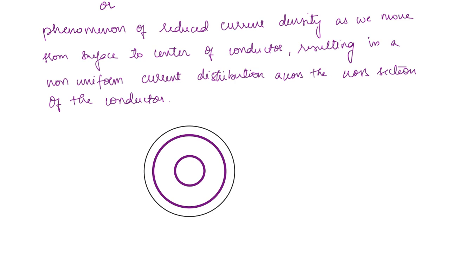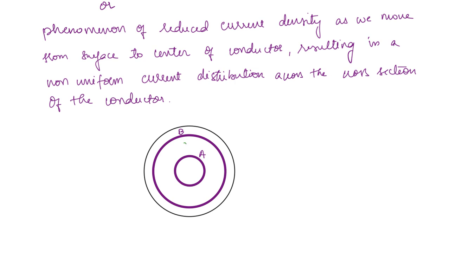Now we will consider a magnetic flux line. This entire thing is a conductor. We are assuming that the current is flowing through the entire cross section of the conductor, and here we have taken two filaments. Let us say the first filament is named A and the second filament is named B. Now we will take a magnetic flux line.